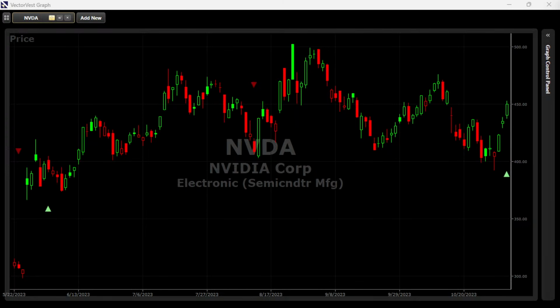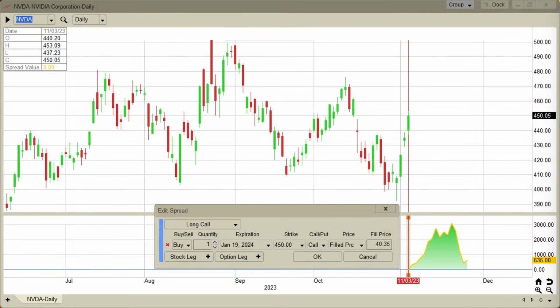So I zoomed in closer to that day, and here are the trade details. Buy one call, and it cost $40 a share. That's so much more than the ones you were showing us before. Well, $40 a share is a lot less than $450 a share, right? But one contract would have cost you $4,000.